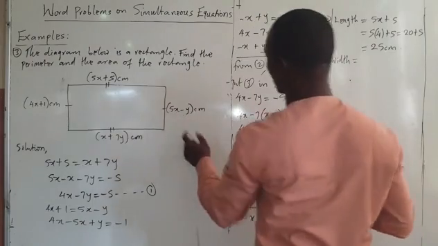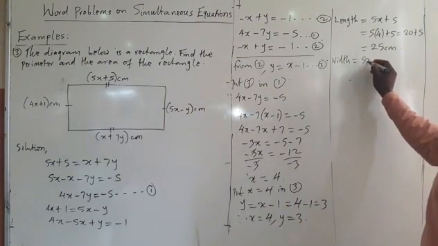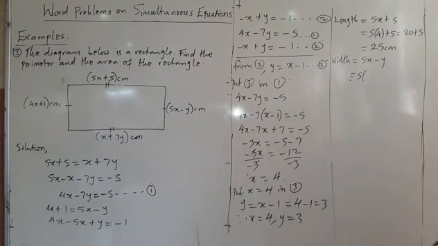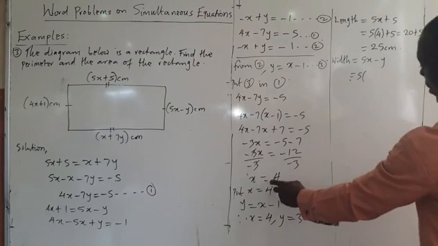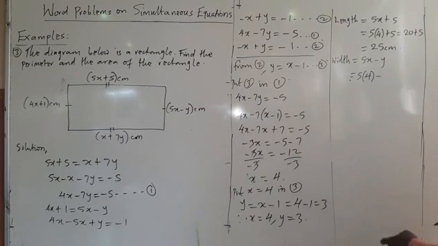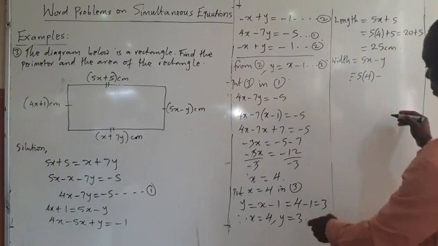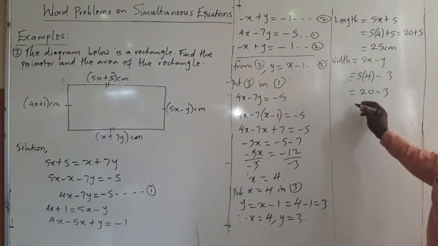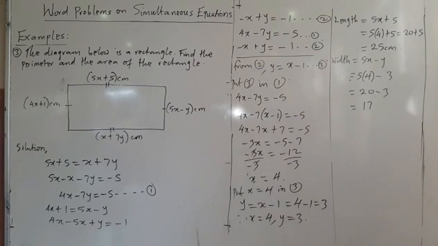So let me use this second one. That's 5x minus y. So which is 5 into x, what is x? x is 4. That's 5 into 4 minus y. y is 3. So we now have 20 minus 3, which equals 17. So the width is 17.